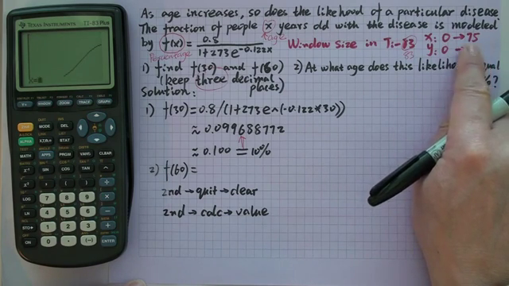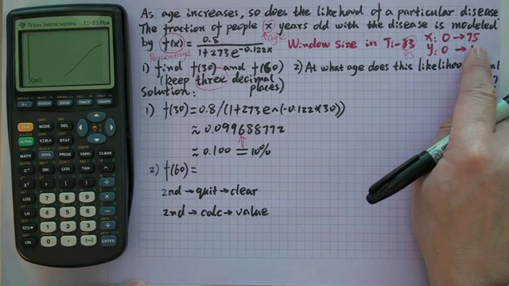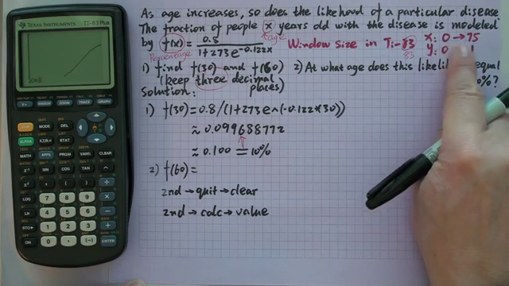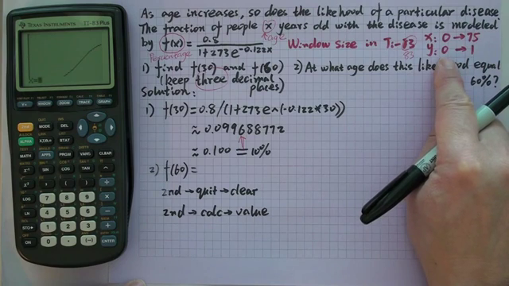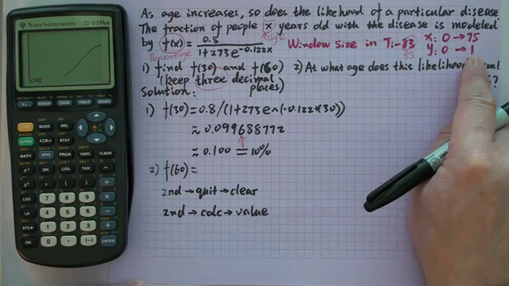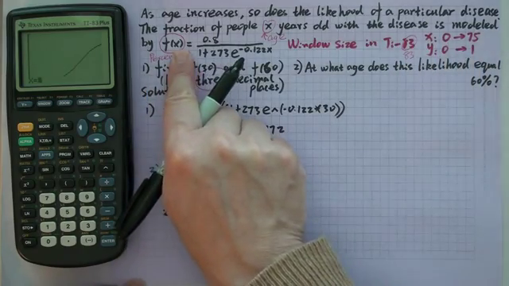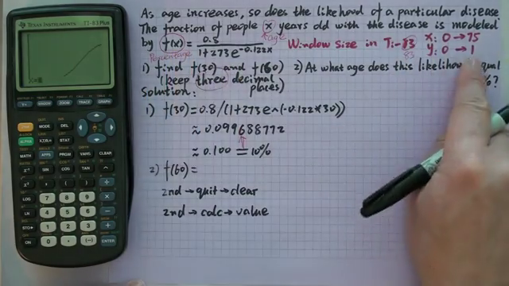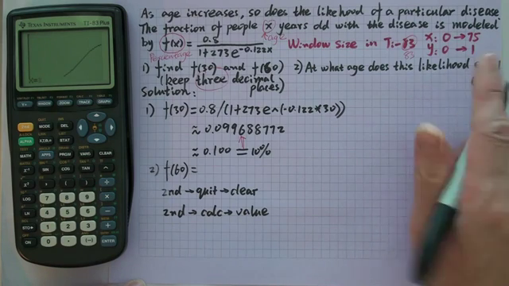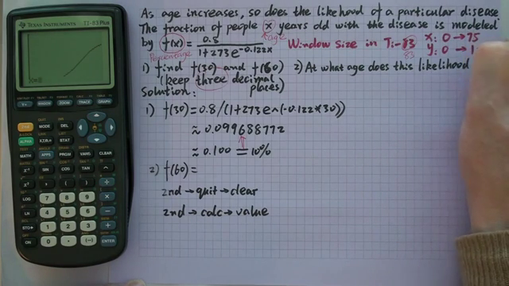It doesn't matter. But here I have the screen for x is 0 to 75, and y is 0 to 1, because I know the probability, the percentage, is at most 100%.